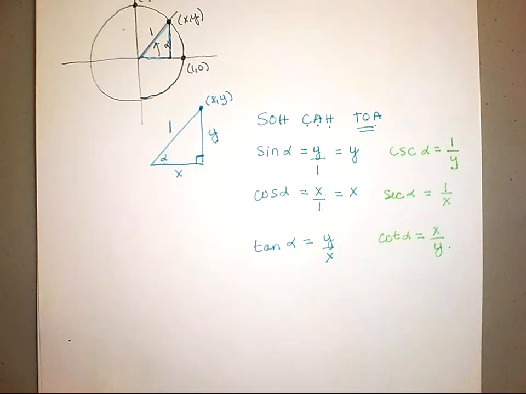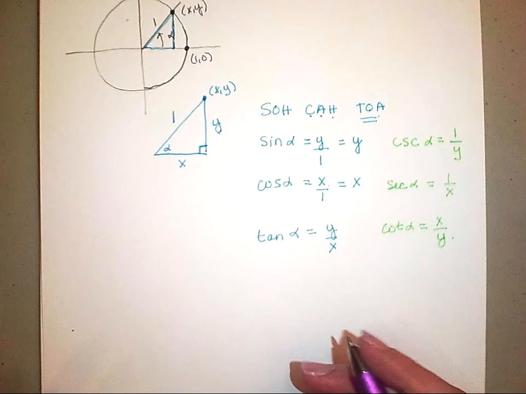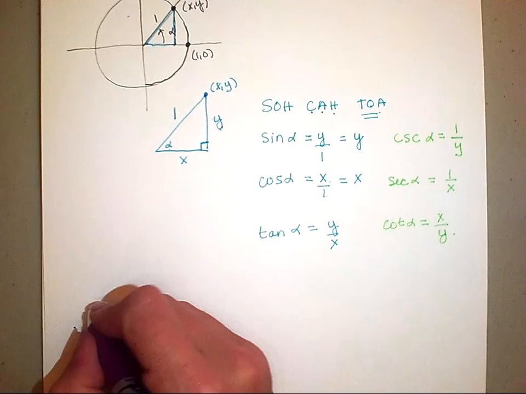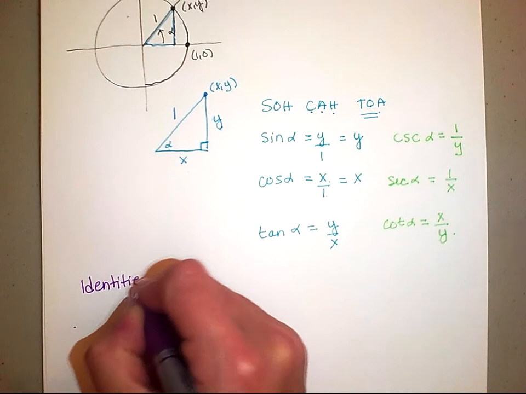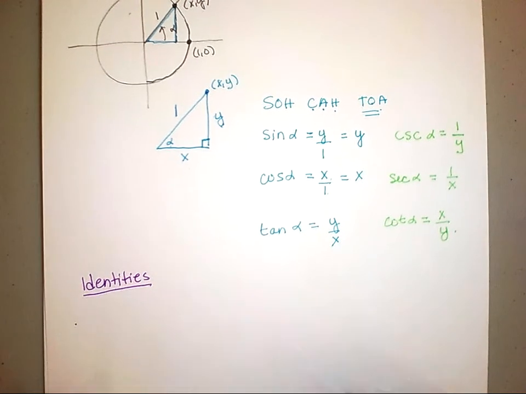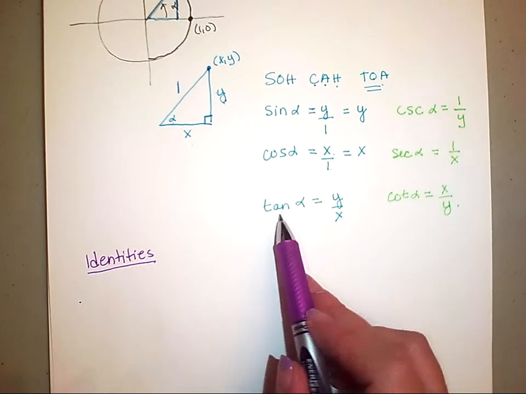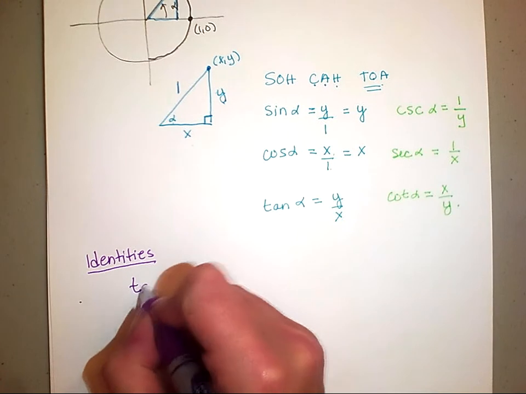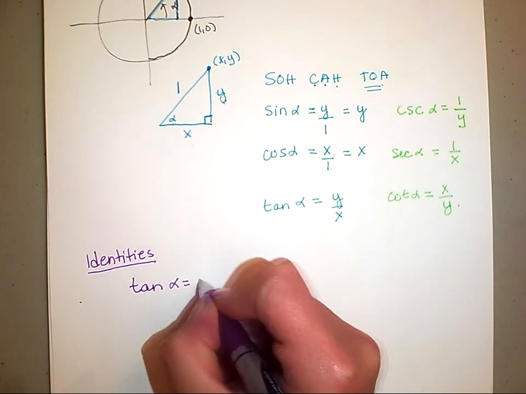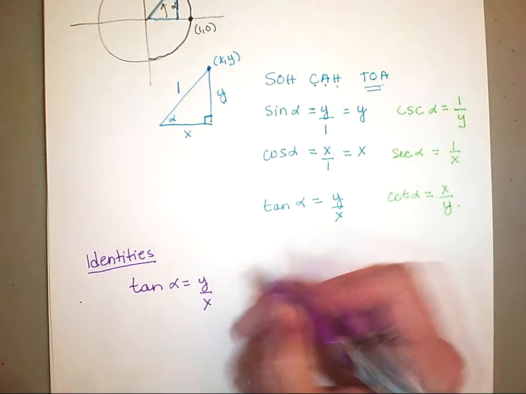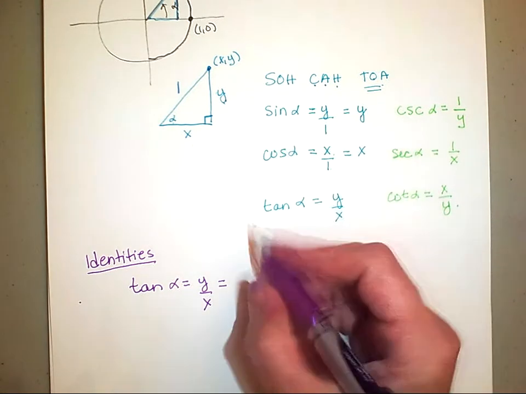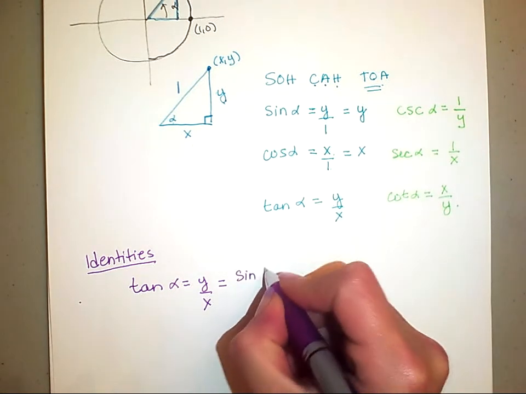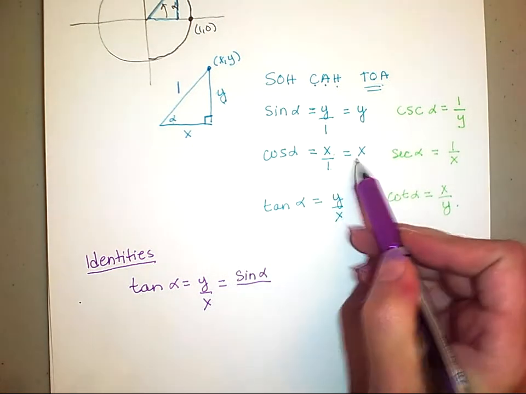Okay. Now that leads us to a few identities that we know to be true. Identities are going to be true for any angle that we put in. So if the tangent of alpha is defined to be y over x, well, y is the sine of alpha, and x is the cosine of alpha.